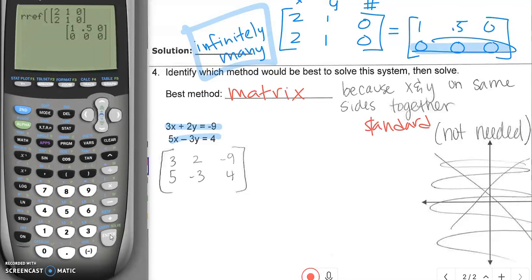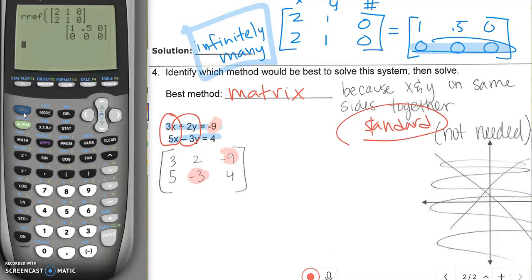So since they're both in standard form, that's why I'm going to go for that one. So notice I do my x's straight into the matrix, the y's not forgetting that negative that's sitting out front, and then the -9 gets put in as well, and I'm going to put that in my matrix.